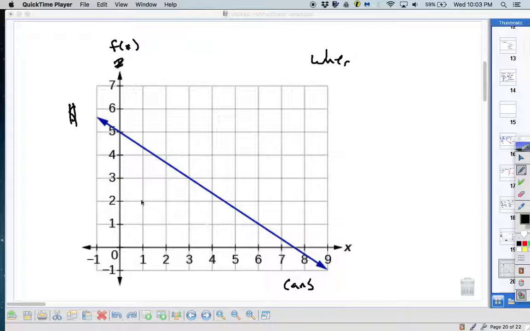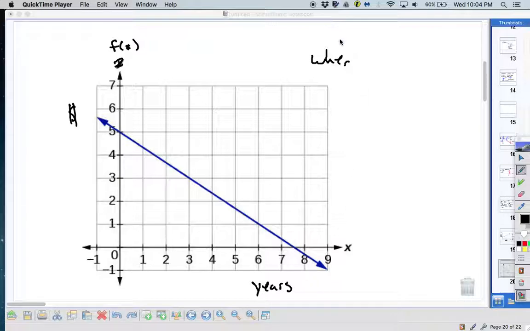Well, that doesn't make sense because we're losing money. So how about instead of cans, let's go with this is years.